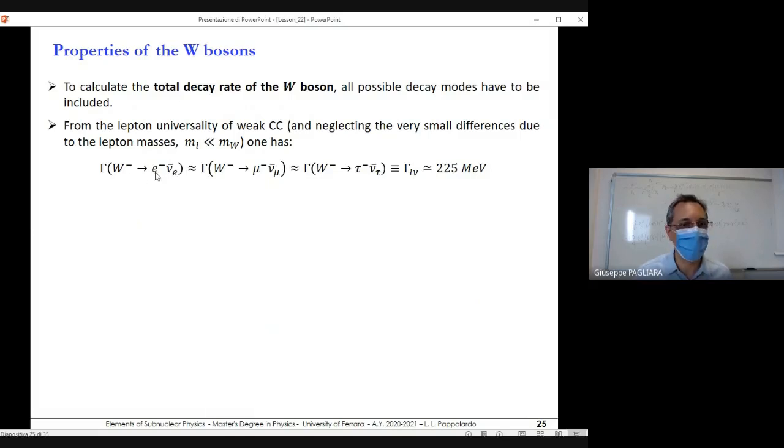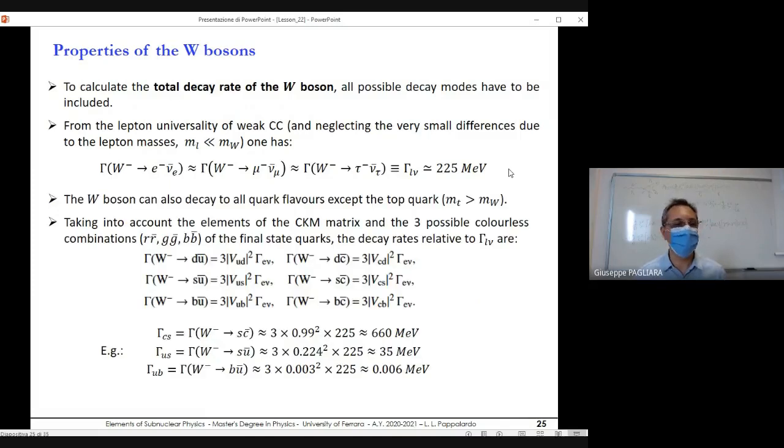So the decay width of the W into electron neutrino, or muon antimuon neutrino, or tau antitau neutrino is essentially the same, once you correct for the small mass differences. And so we can assume for all of them that the partial width is 225 MeV. Now we have to take into account the hadronic decay modes, so the decay of the W into quark-antiquark pairs.